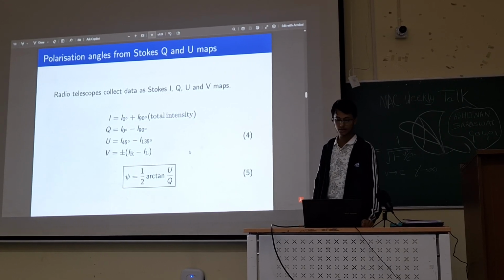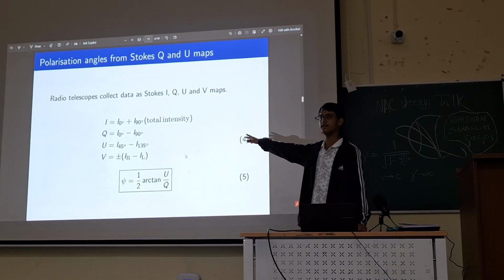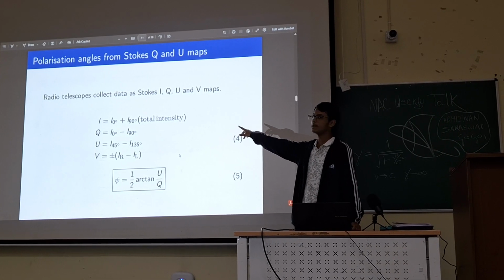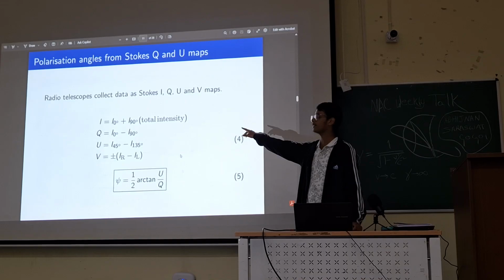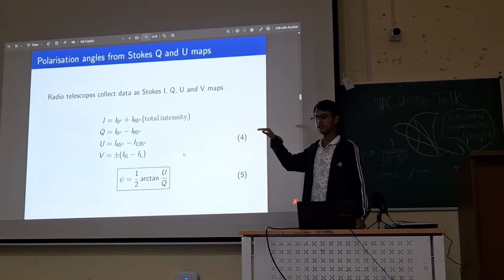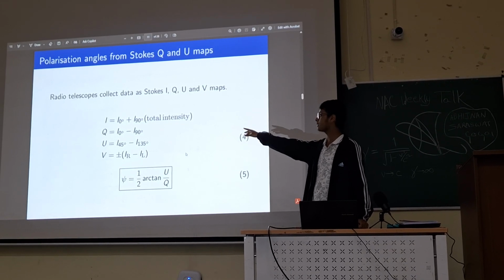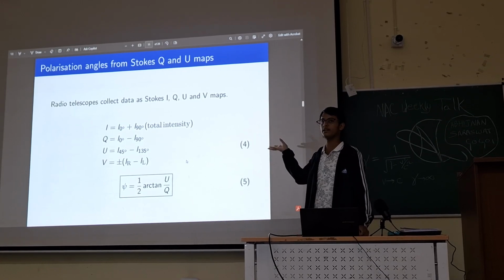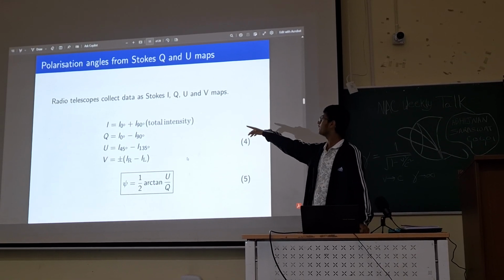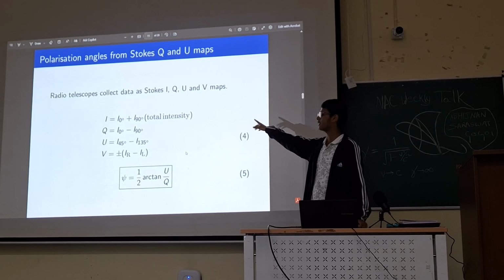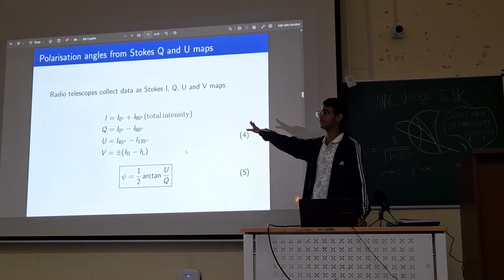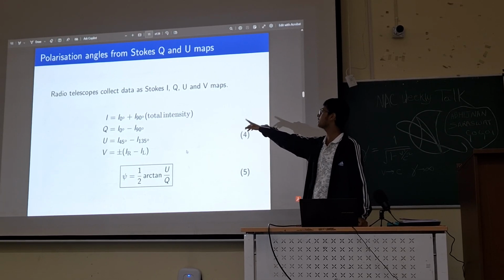So the Stokes I parameter is basically the total intensity. It is the intensity of the linearly polarized light along 0 degree orientation plus the intensity of light in 90 degree orientation. We add those two intensities and we get the total intensity.